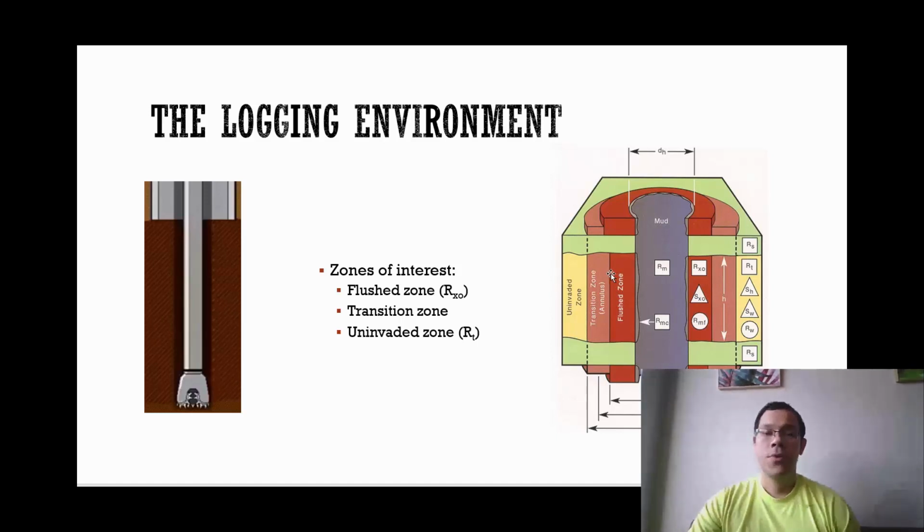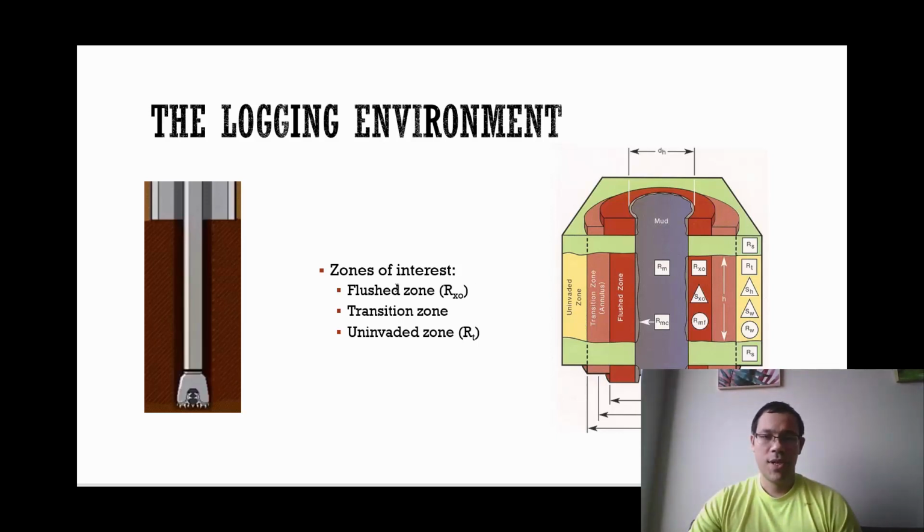If you move further, there is a zone called the transition zone, which has a mixture of both the original formation fluids and the drilling fluids. And the one that is farthest is called the inundated zone.